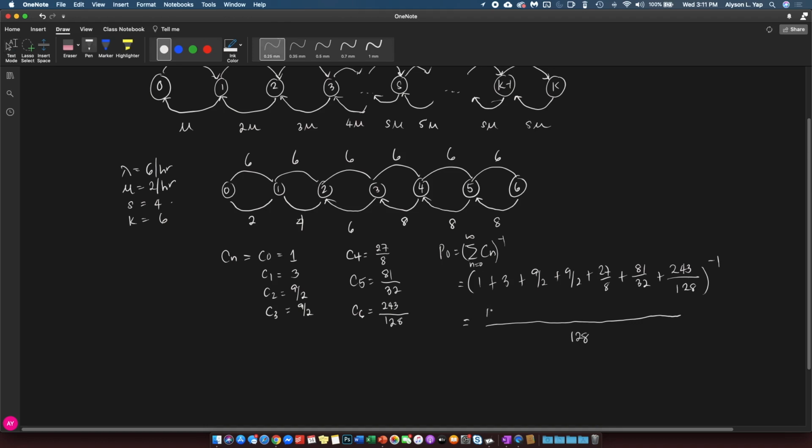So 128, because that's 128 over 1 times 1, plus 128 times 3 is 384. 128 divided by 2 times 9 is 576, plus the same 576, plus 128 divided by 8 times 27 is 432.